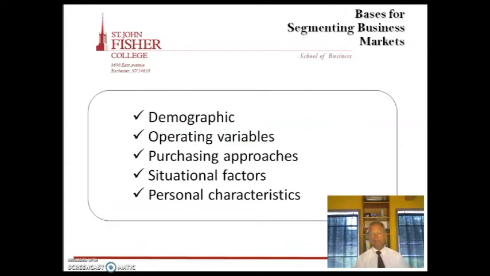So the basis for segmenting a business-to-business market, most of all, is purchasing approaches or usage segmentation. The other one oftentimes is geographic segmentation. Demographic, situational factors, and personal characteristics are really secondary to number one, which is geography.